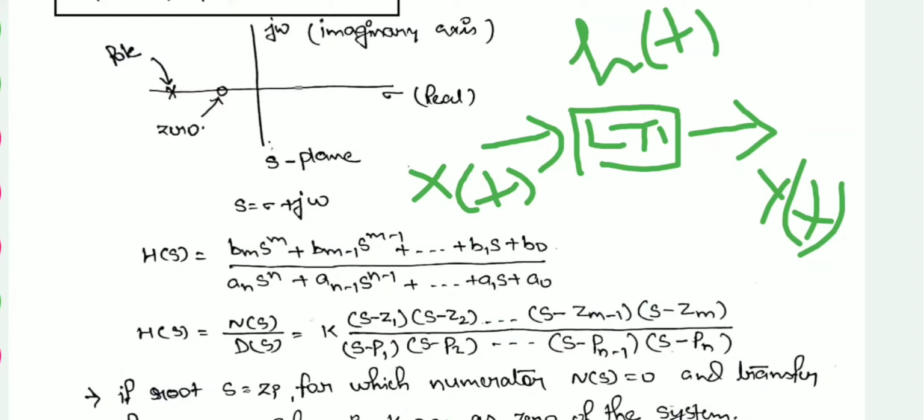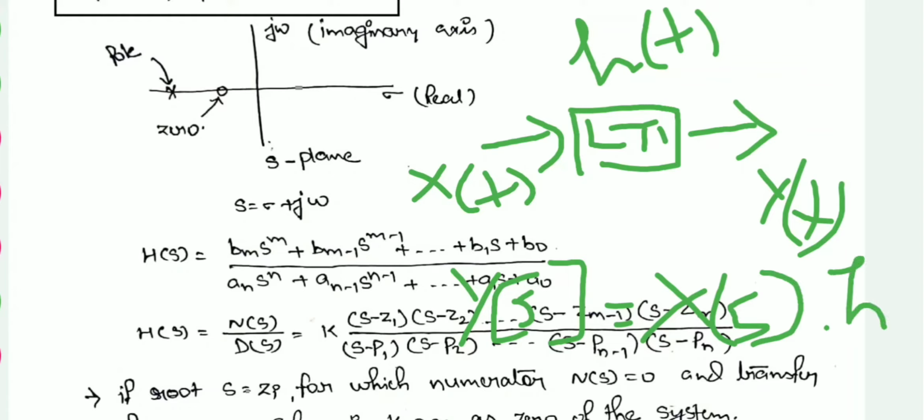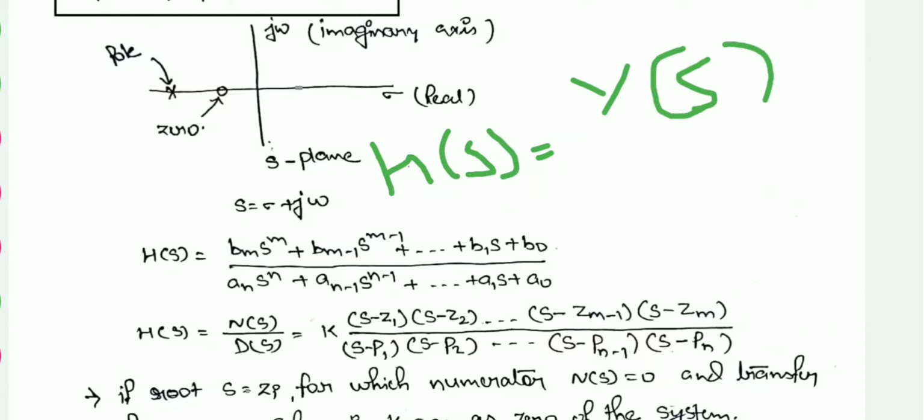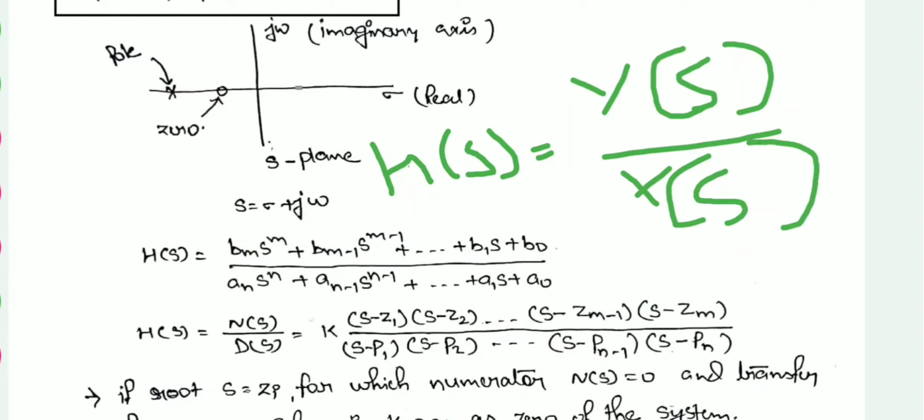When we take the Laplace transform of the system, Y(s) equals H(s) multiplied by X(s). Therefore H(s) is nothing but Y(s), the Laplace transform of output, divided by X(s), the Laplace transform of input, and this H(s) is known as the transfer function of the system.